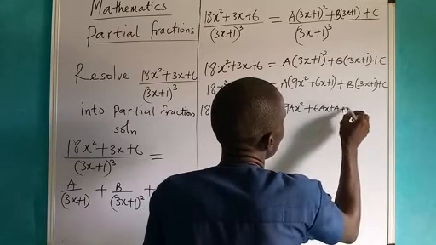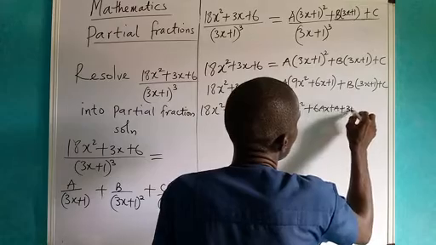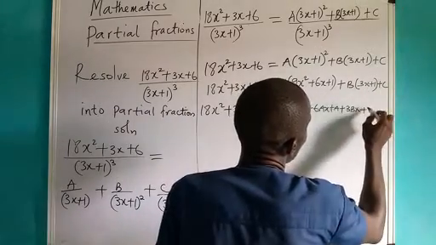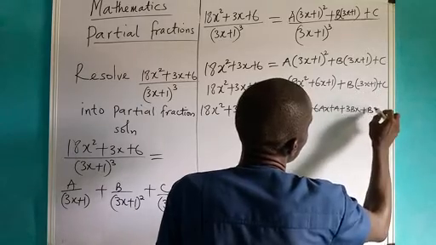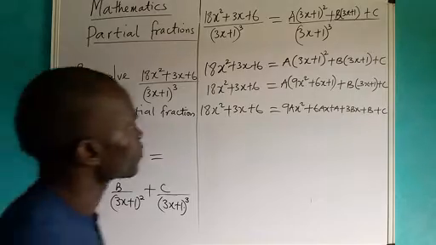Then b times 3s is 3bs, and b times 1 is b, plus c. And at the end, this is what I have just gotten.